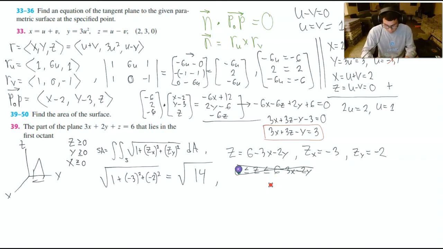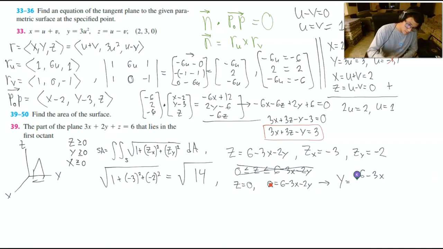Not that it's wrong, but there's a better relationship we can use. Well, we let z equal to 0, and then we just have 0 equals 6 minus 3x minus 2y. And then if we solve for y, we get y is equal to 6 minus 3x divided by 2, right?